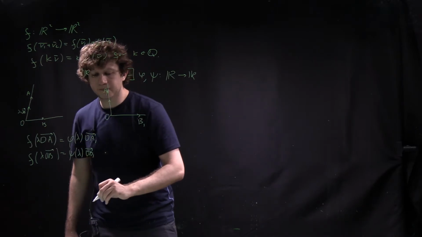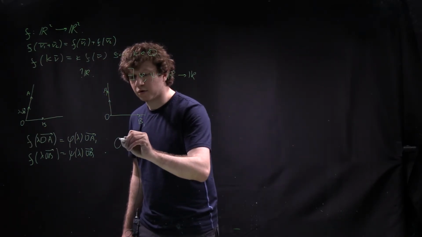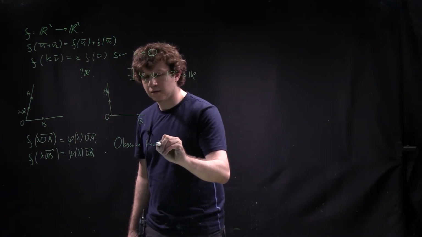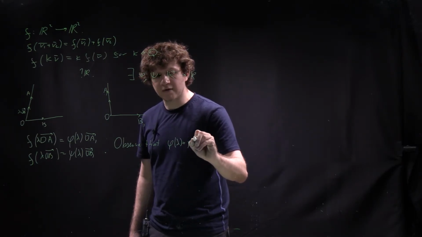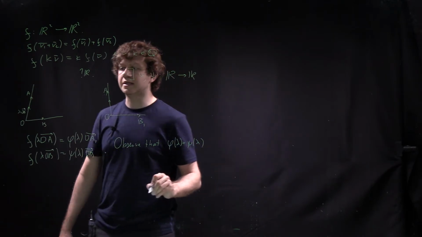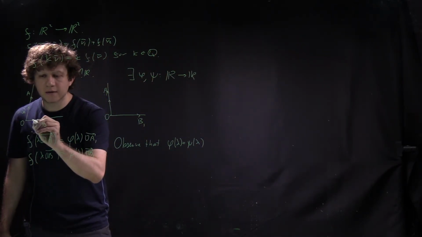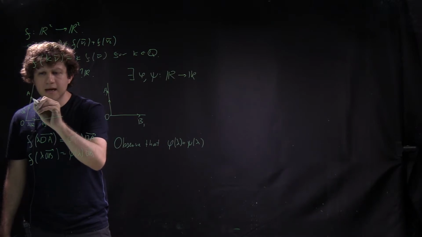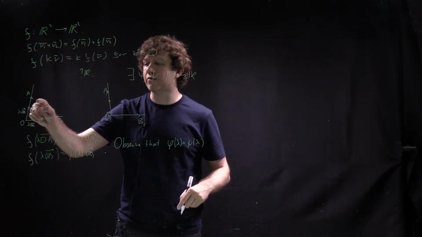So first observe that phi of lambda equals psi of lambda. So actually the functions are the same. And the reason is very simple, because if you take a pair of vectors lambda OA and lambda OB, you know that the line going between the ends of these vectors is parallel to AB.